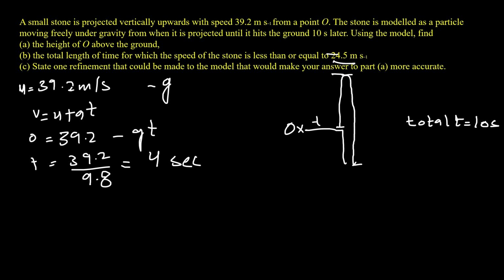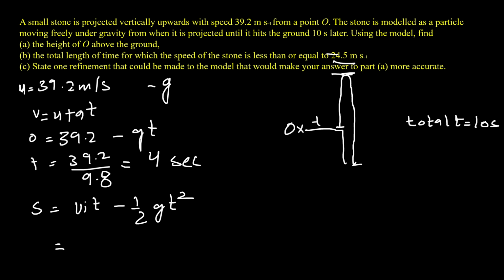So it is the time it took for the stone to go from O to the top of this height. Now we need to find the height from O to this. It will be UT.